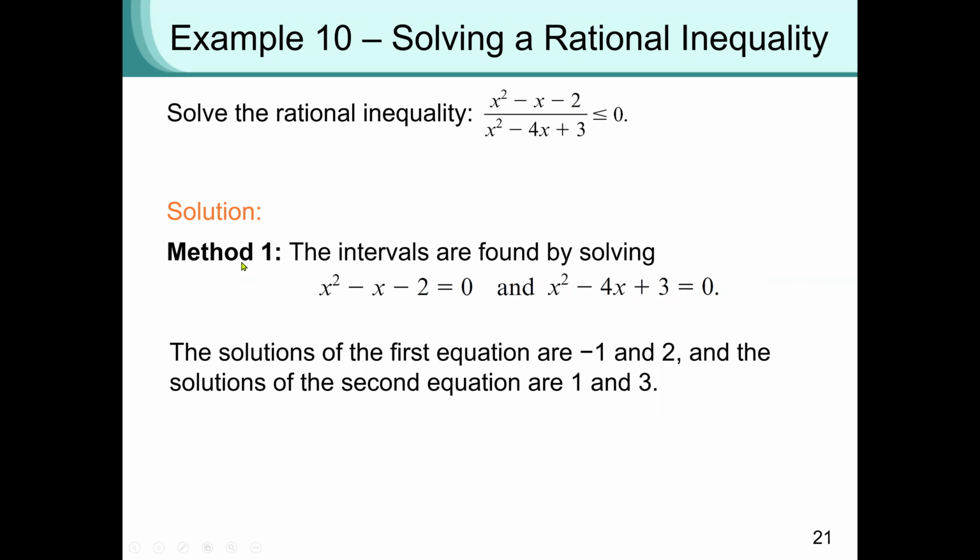So the first method, again, we have two methods here. Let's look at the first method. The intervals are found by solving s squared minus s minus 2 equal to 0, then s squared minus 4s plus 3 equal to 0. So again, we can factorize them. When we factorize the first equation, we get -1 and 2.